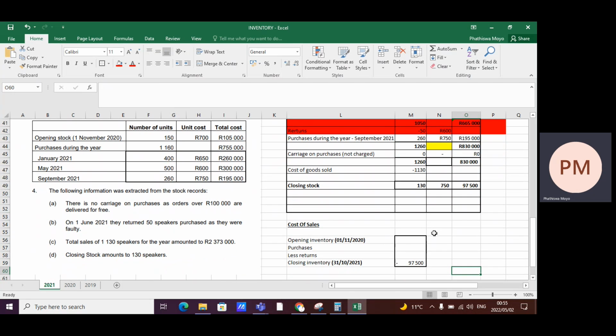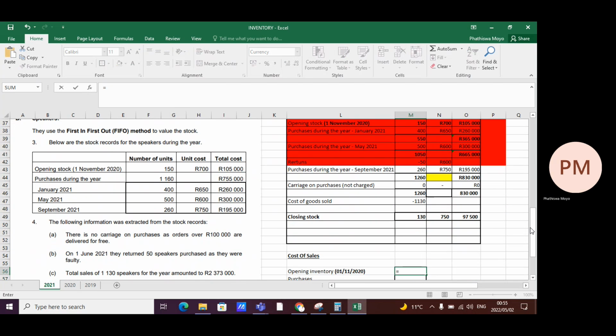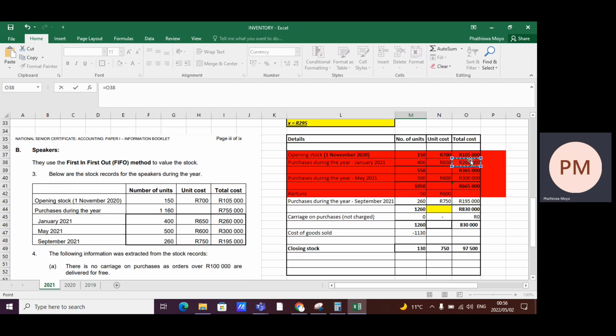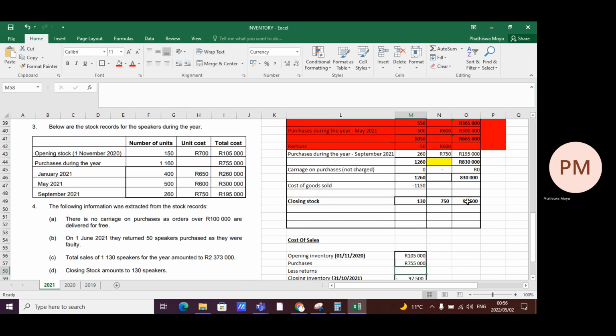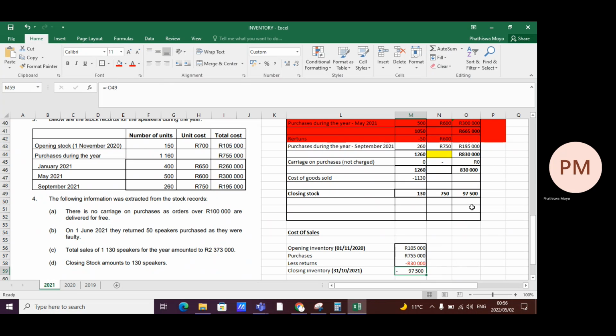Now they want you to calculate the cost of sales. So it's formula driven. It already brings down your closing inventory at minus 97,500. Opening inventory. What is opening inventory? You were given purchases. Now you take your total purchases, which is this plus this plus this, less returns, $30,000.